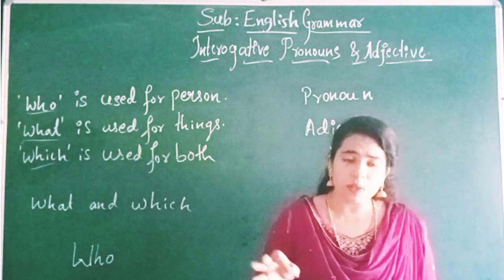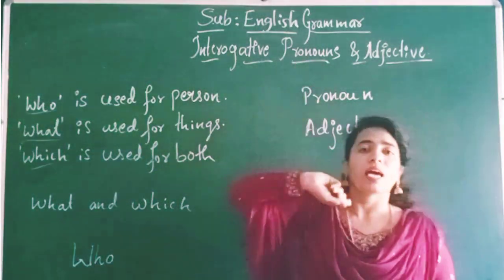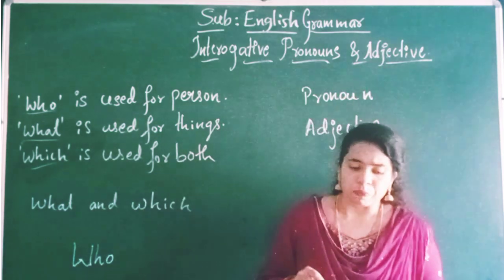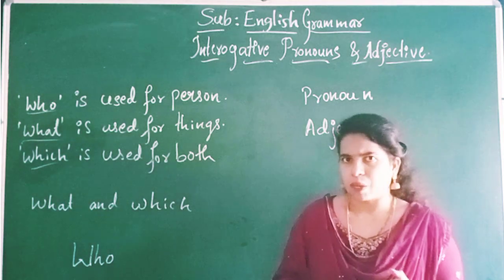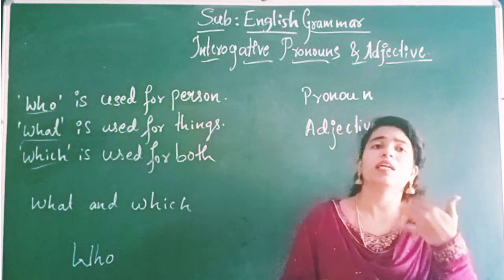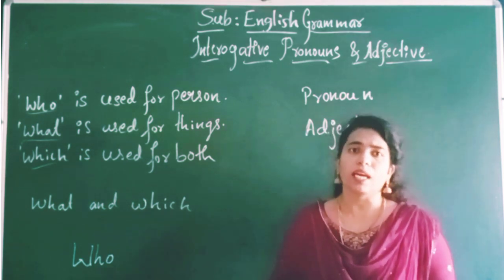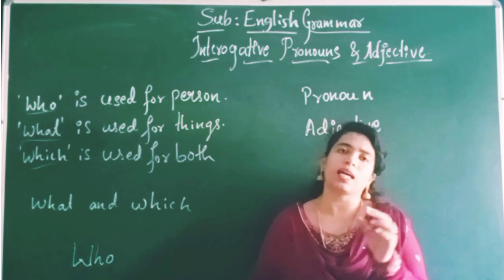Now in this class we are going to use them as pronouns as well as adjectives. My dear children, now listen here. Once recap. Interrogating in short means questioning others.